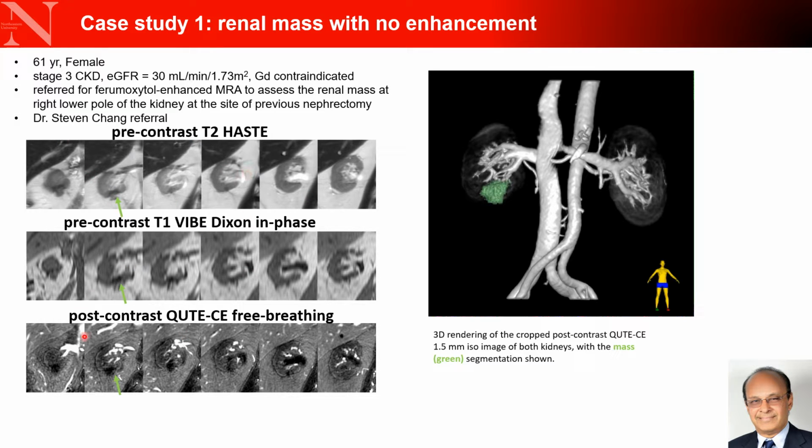Here I show some of the 2D scans, both pre and post on the left, and then the right video shows a 3D rendering of the vascular system by QTCE-MRA with the renal mass rendered in green.